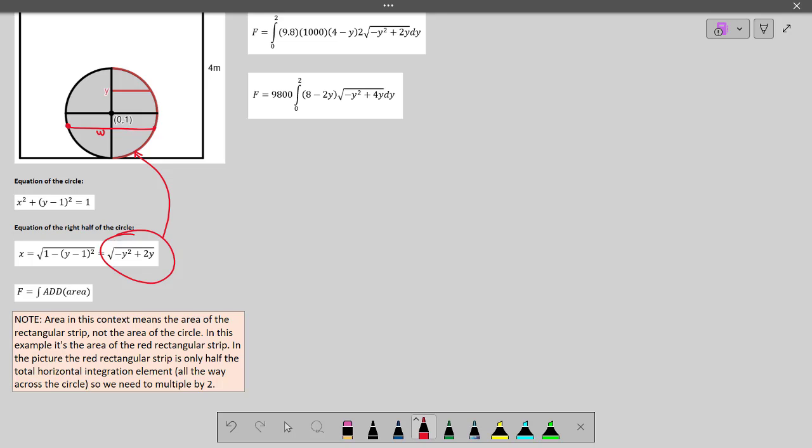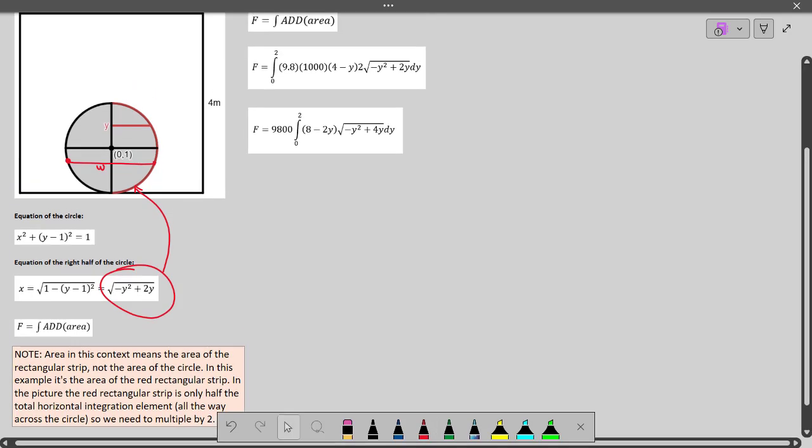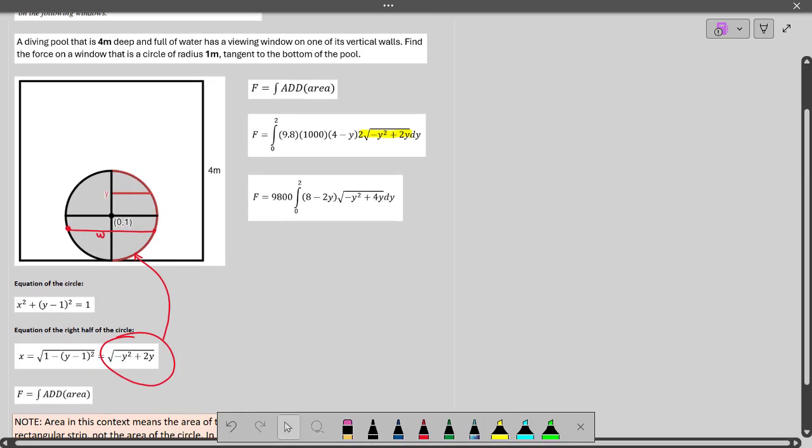Now it's measuring horizontally. But to get to W, what do we do with that? Double it. Right, to get all the way across the circle, we need to double it. So that is what this 2 is right here. So right there, that is W.